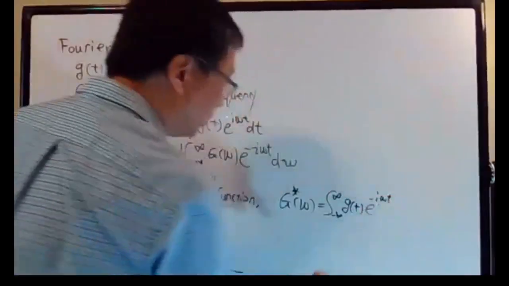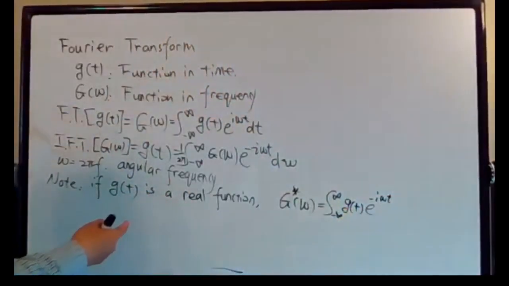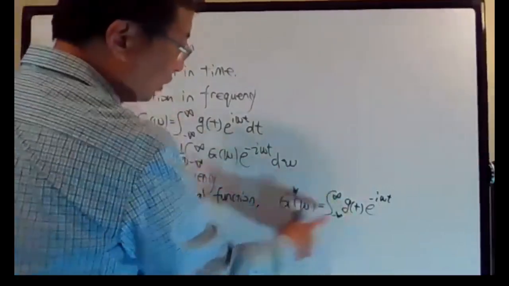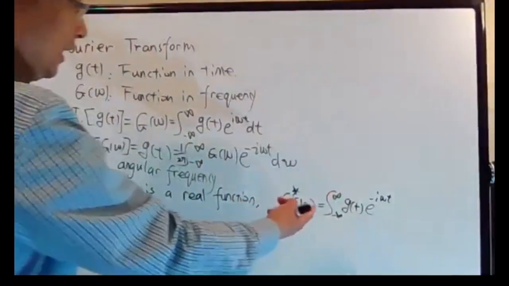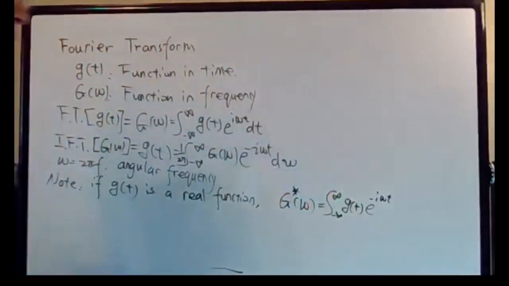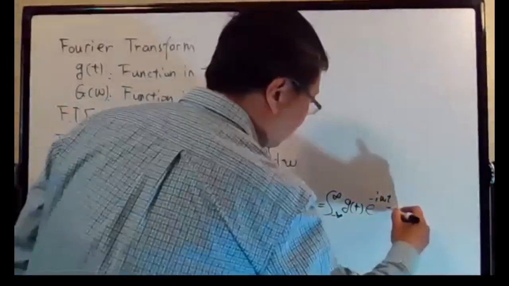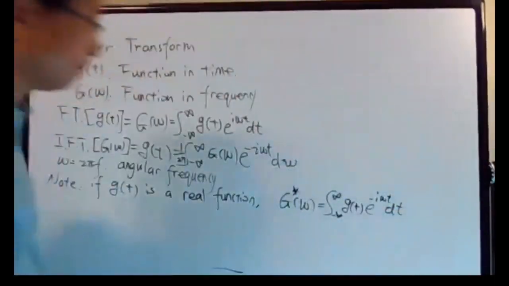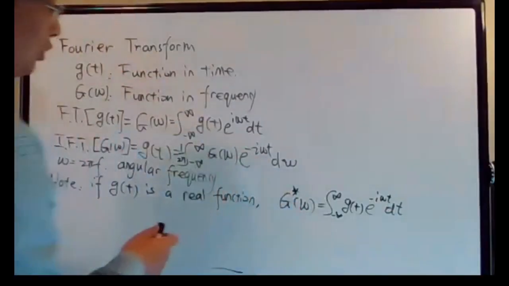And g(t) is real, so whether I take the conjugate or not, they're the same. Little g(t) conjugate equals little g(t) because it's a real function. And then dt. So that's the capital G(omega) conjugate.